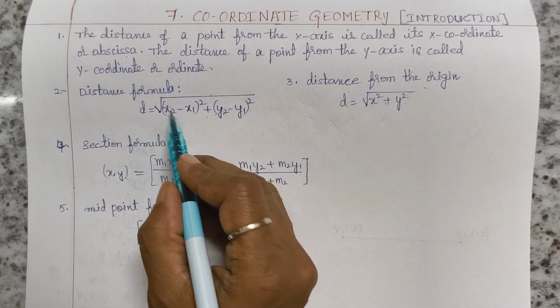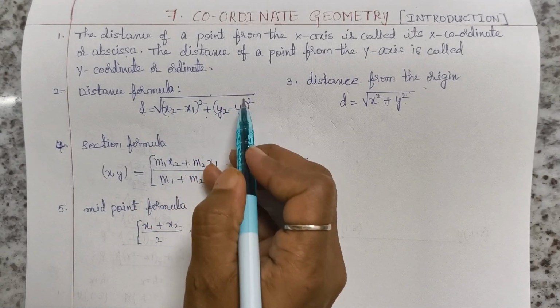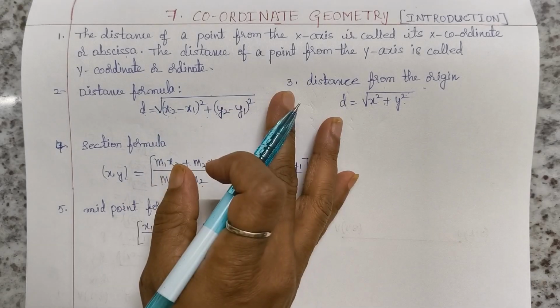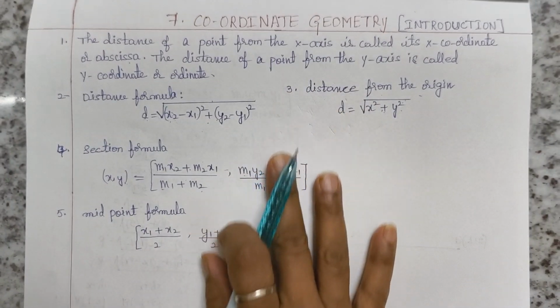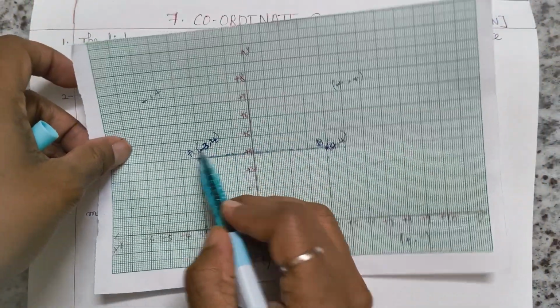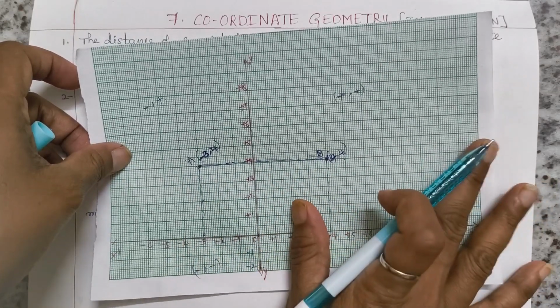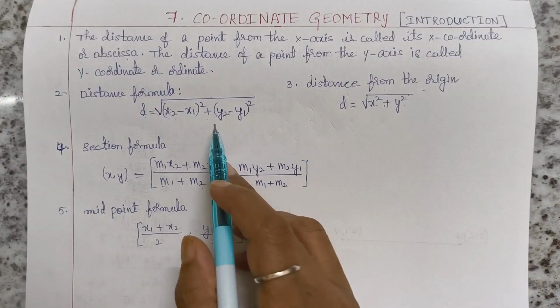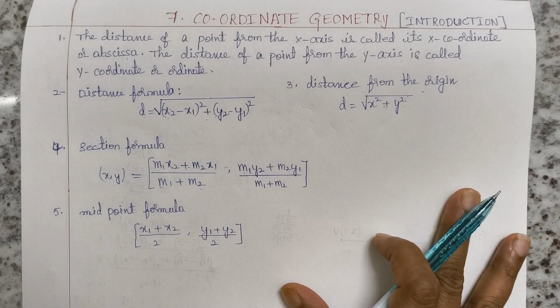This is the formula. One question I will explain, there you will understand a little bit, but first keep the formula in your mind. When we have to find the distance between two points like this, we will use the distance formula.